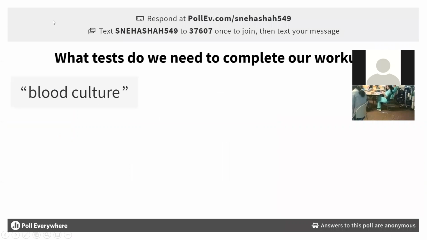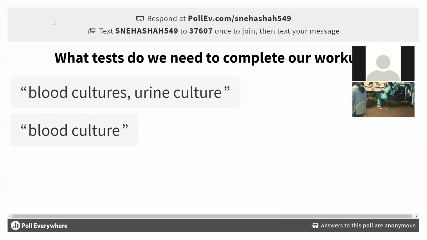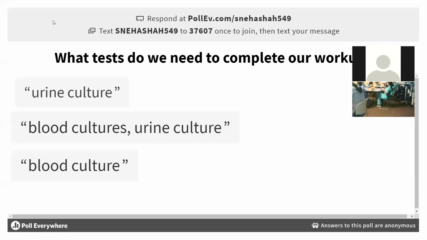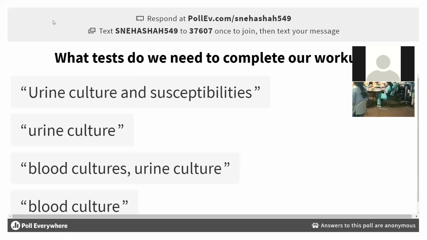Blood culture. Great, great. And so remember what this question is essentially asking is, what do we need to do for patients who are admitted with sepsis, period?